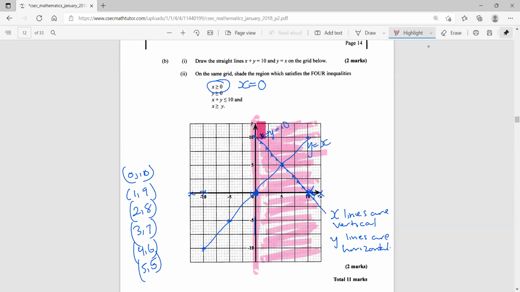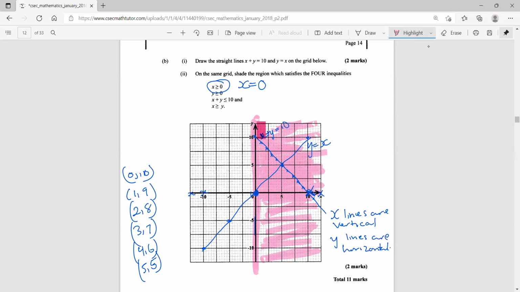Now, where is the line x is greater than or equal to 0? We know that on the right-hand side of this line, all our numbers on the x-axis are greater than 0 because we have 1, 2, 3, 4, 5, 6, 7, 8, 9, 10. If we go on the left, we'll have less than 0. So that's why we stayed on the right hand. Everybody's with me?